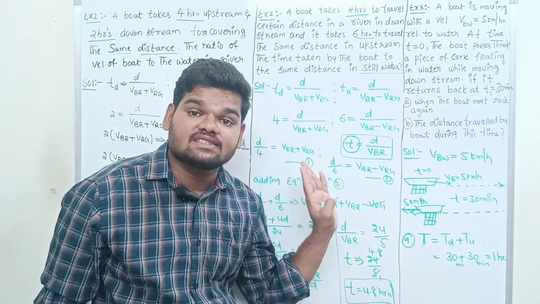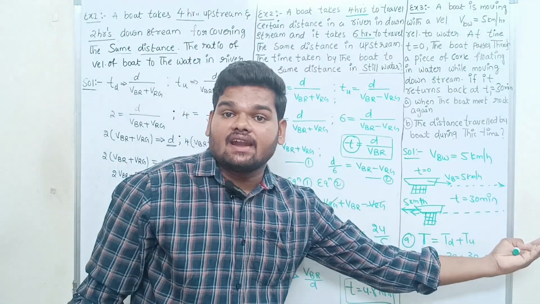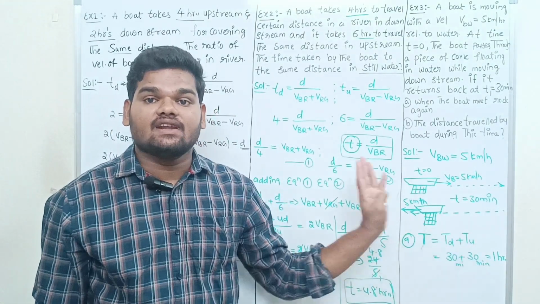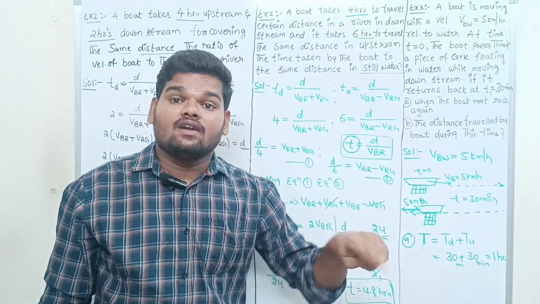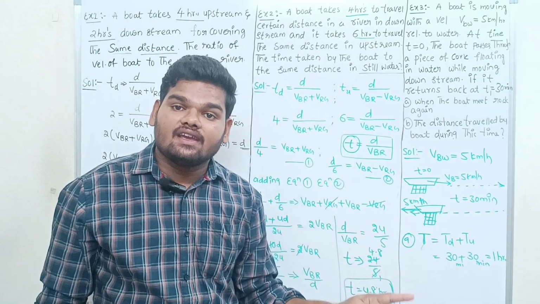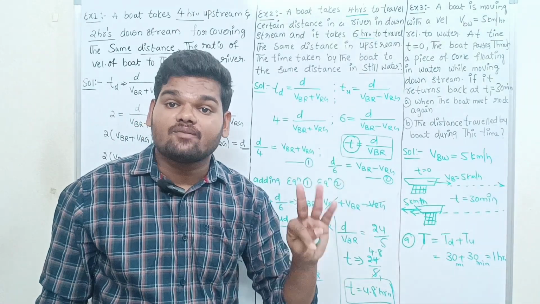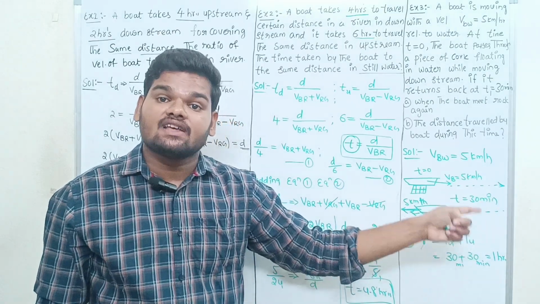It moves at the same speed downstream for 30 minutes, and again it meets the craft upstream after 30 minutes. Total time taken by the boat to reach the craft again is 1 hour, 30 minutes downstream and 30 minutes upstream, because it is moving with the same speed.